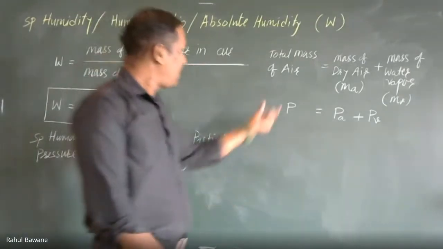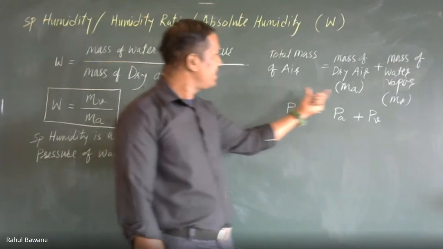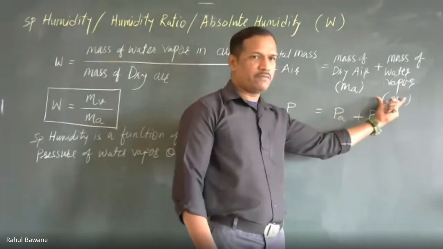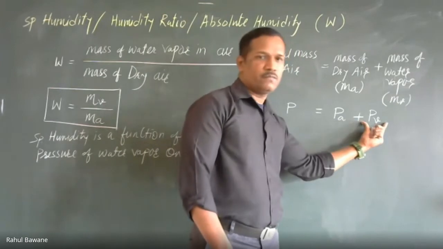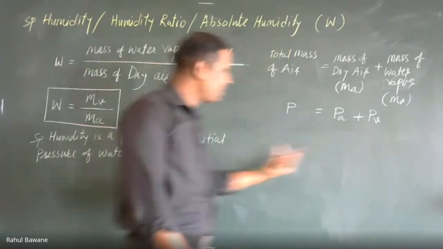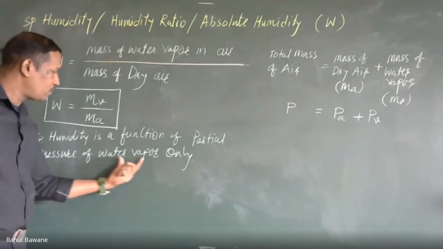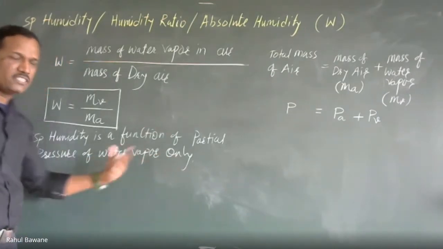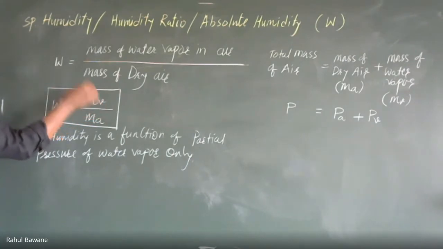If I take any mass of air, definitely there will be a dry air portion and water vapor, so definitely there will be a partial pressure of dry air and a partial pressure of water vapor. But the statement is that it is dependent on water vapor only, and we have to justify this. So specific humidity W is the ratio of mass of vapor to the mass of dry air.